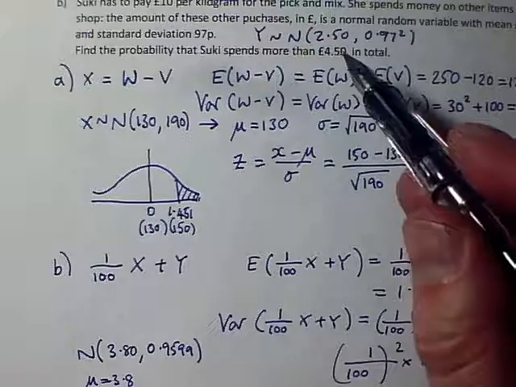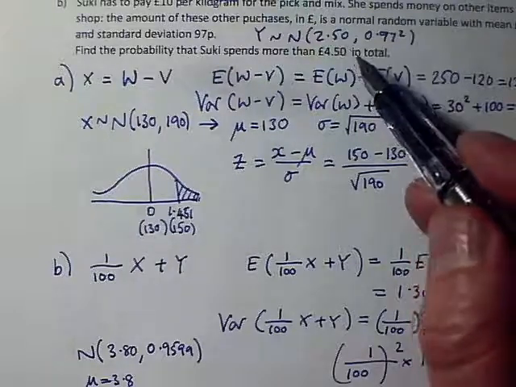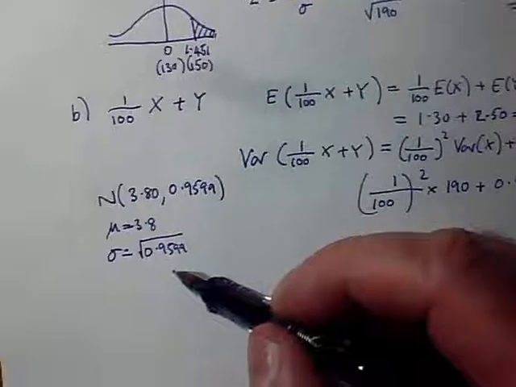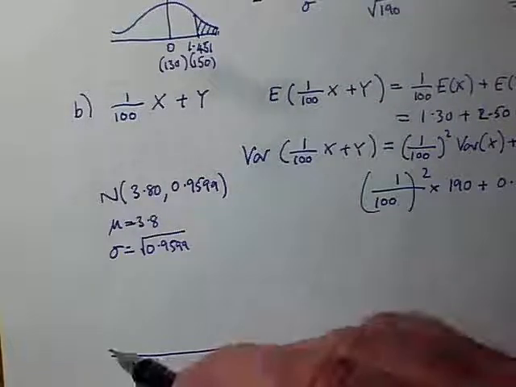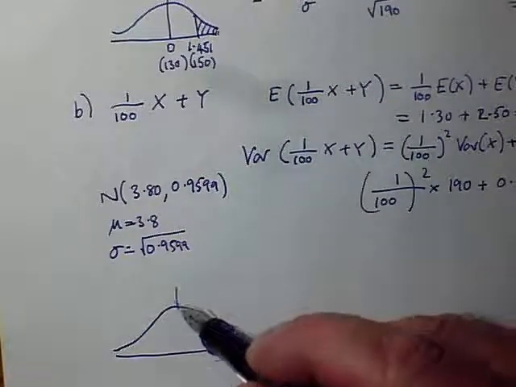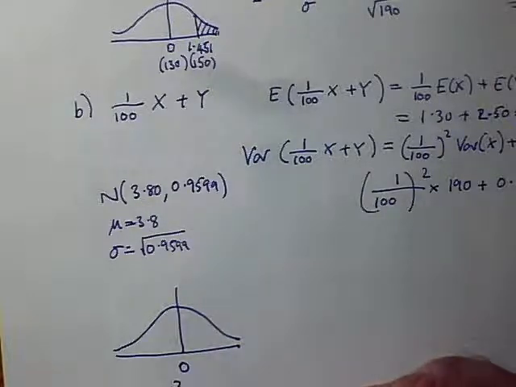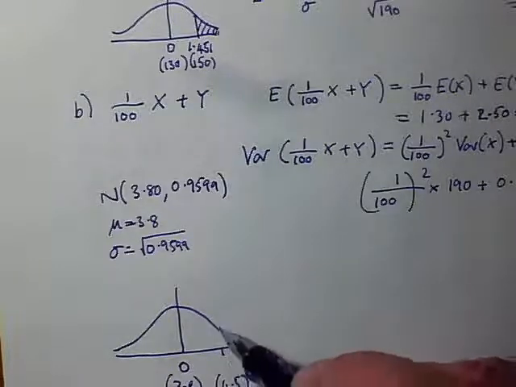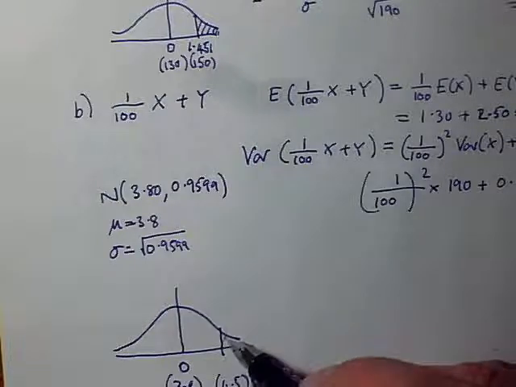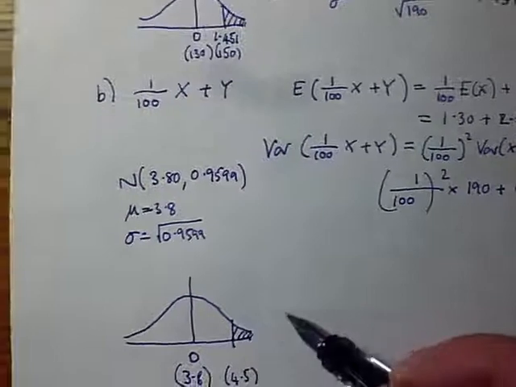I want the probability of being more than £4.50. So diagram. Got a normal distribution. The value in the middle with a z-score of 0 is 3.8. But I want to be more than £4.50. So I want this area here.